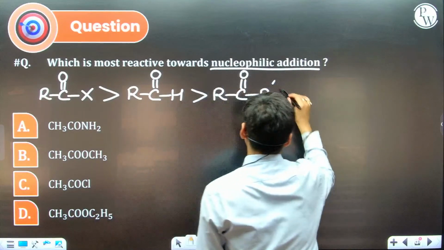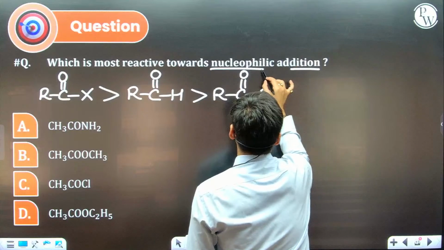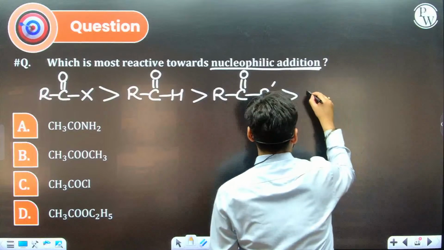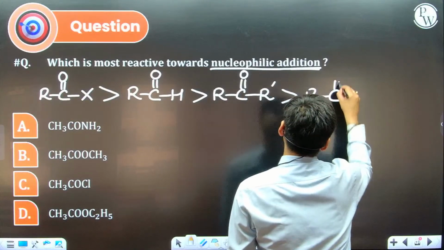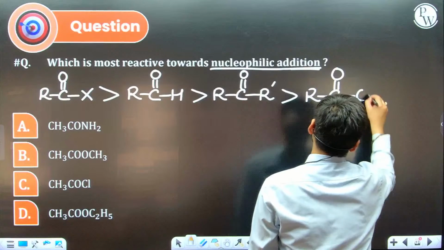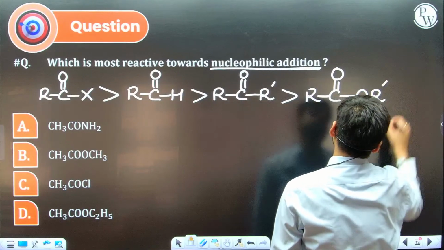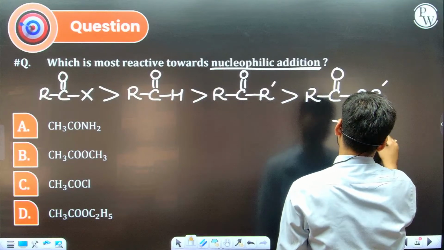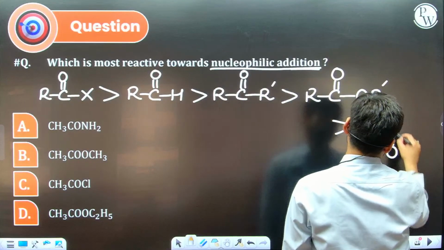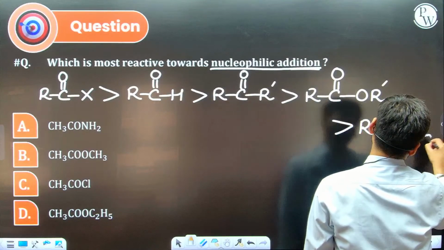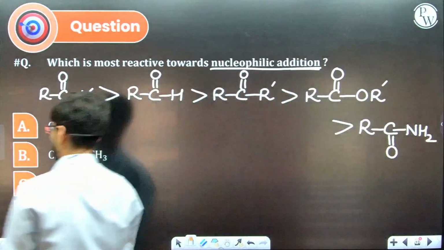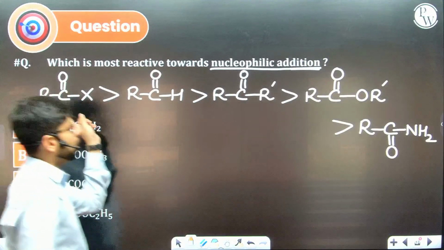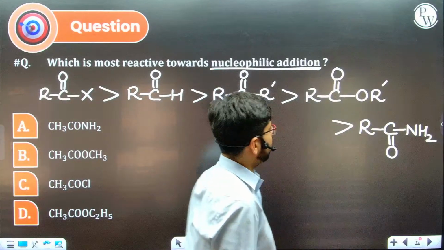So towards nucleophilic addition, this is the order of reactivities. This is the correct order. You have to memorize this order. So most reactive is acid chloride, and then least reactive is this one, amide.